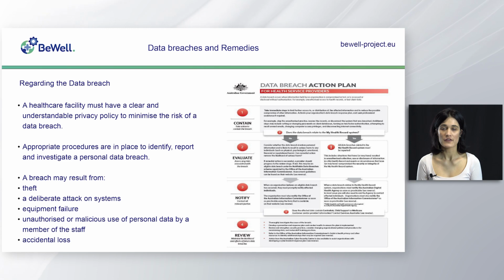For example, if some personal data is lost or disclosed to the wrong recipient. A breach may result from theft, deliberate attacks on systems, equipment failure, unauthorized or malicious use of personal data by a member of the staff, or accidental loss. Staff should also be trained on phishing, cloud technologies, ransomware attacks, etc.